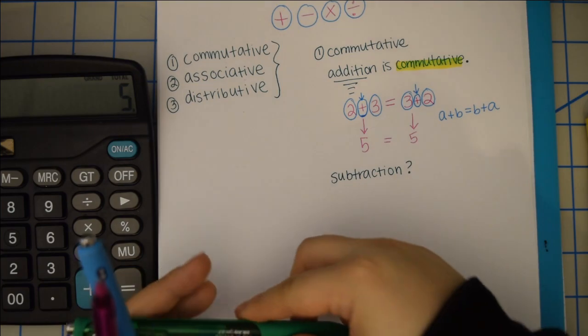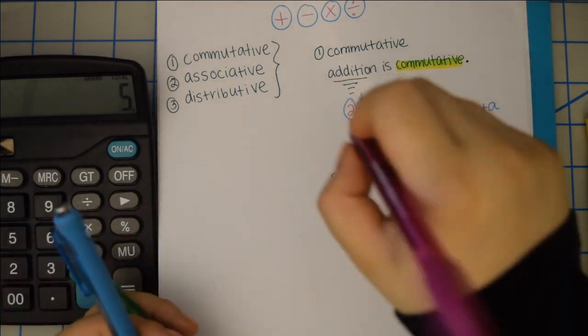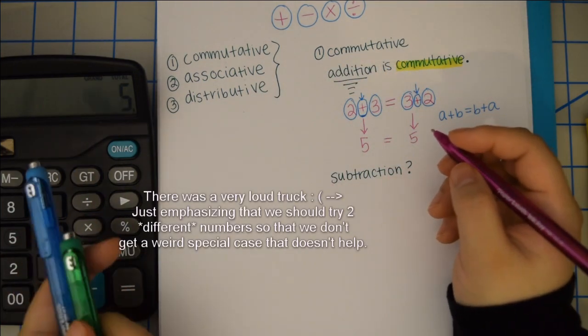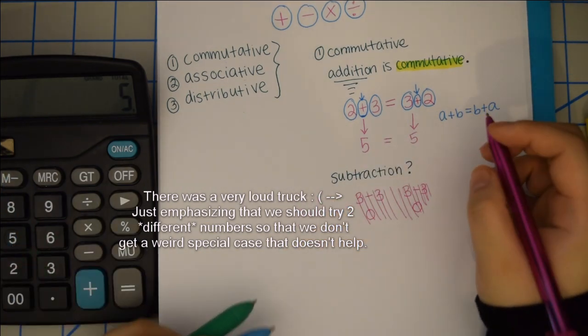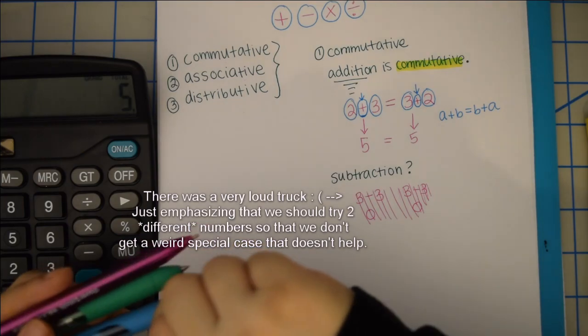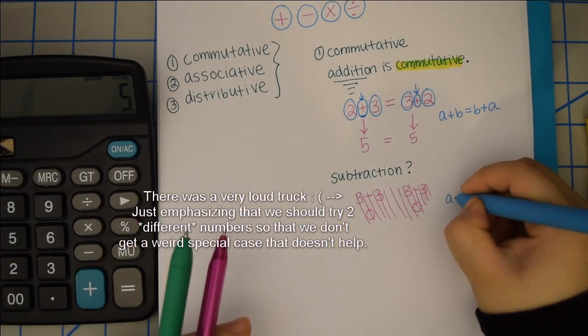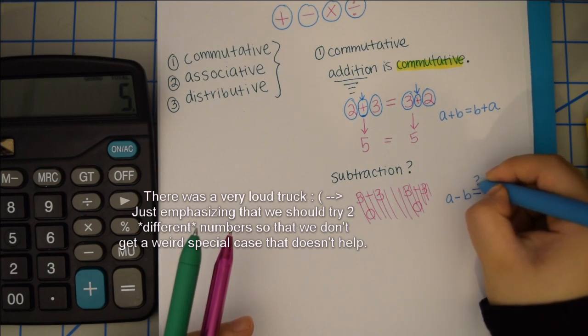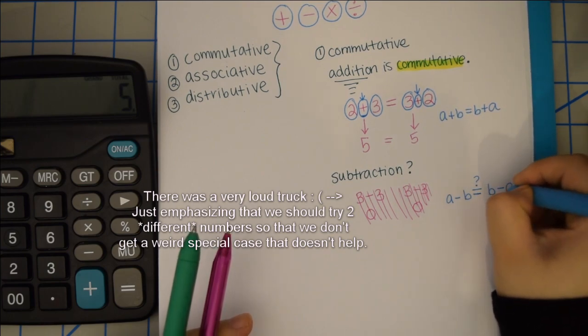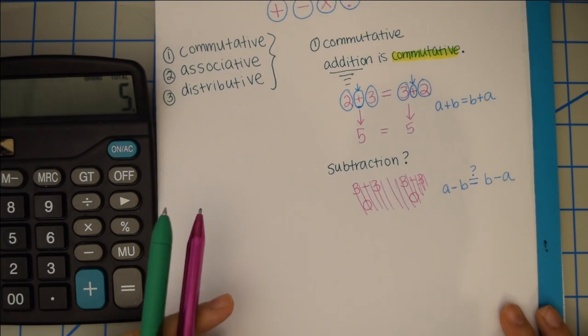Well, with subtraction, we'd have to deal with some negative numbers sometimes, so that might be a problem if we pick two different numbers. So we'll say a and b are different. Does a minus b equal b minus a?